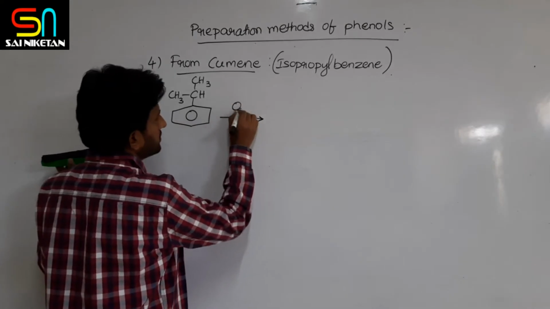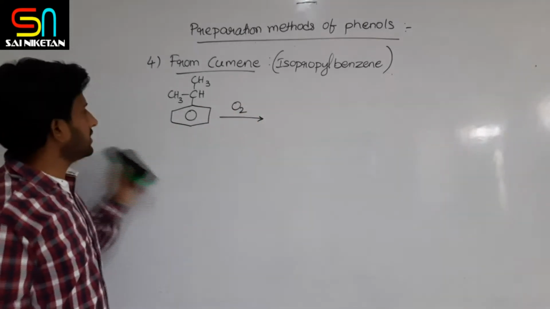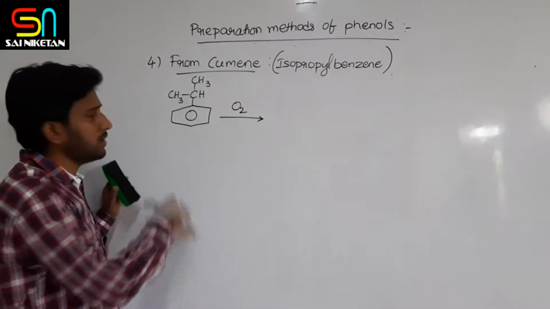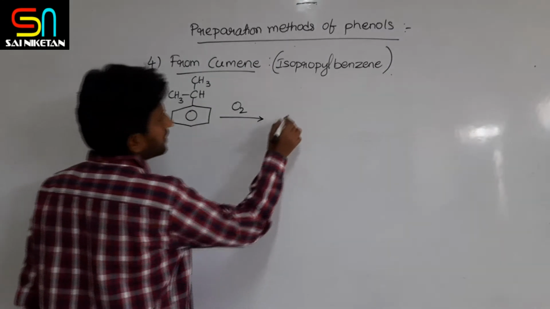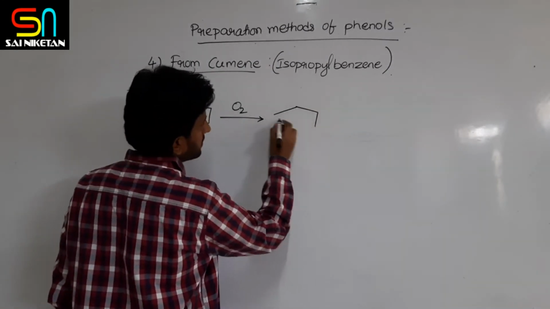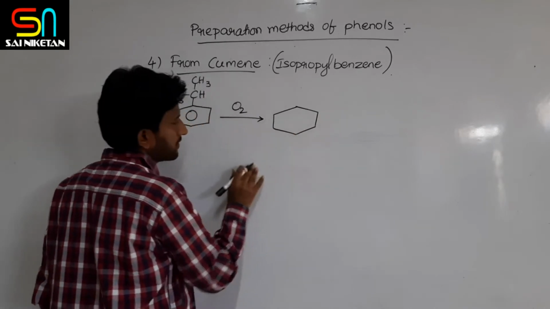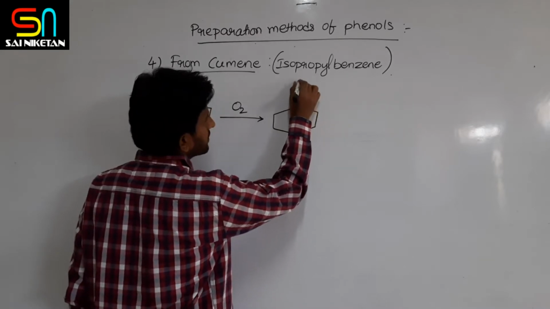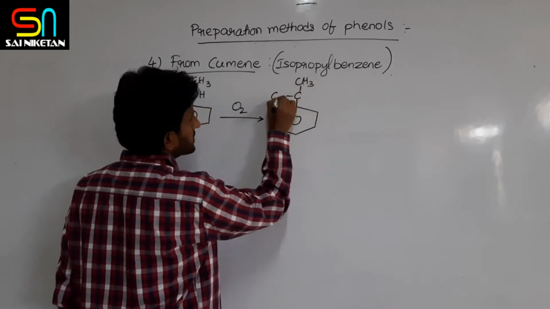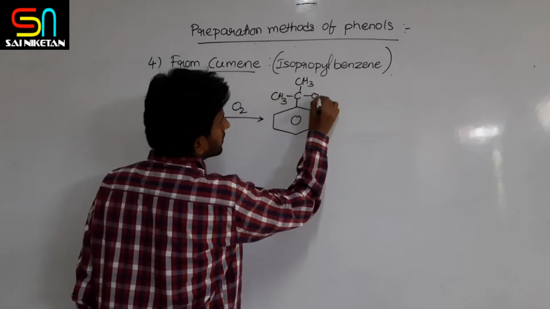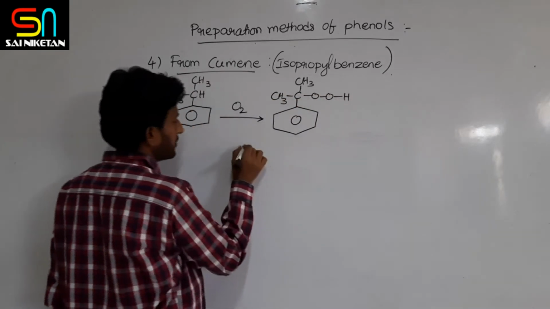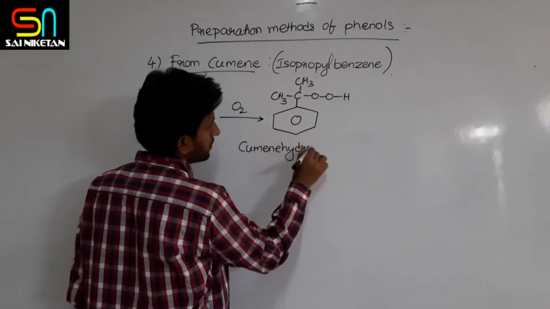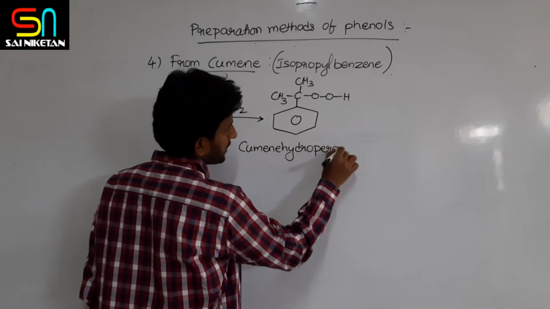So when this cumene is undergoing oxidation, basically cumene, when you expose it to the air or oxygen, it will undergo oxidation. Okay, it can undergo oxidation automatically in the presence of air and it produces cumene hydroperoxide.